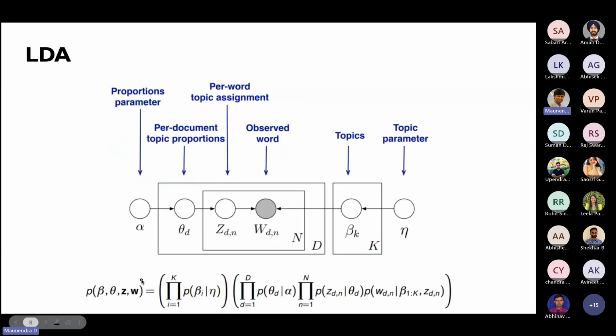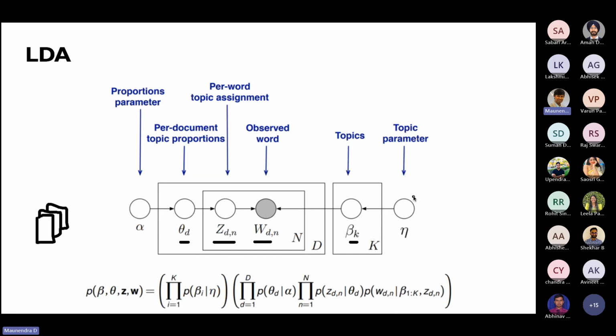The likelihood function here is: what is the probability that this entire corpus is generated by following this generative process? Now that probability can be written as P of beta, theta, z, w. You can see that this entire thing can be written as a probability here.